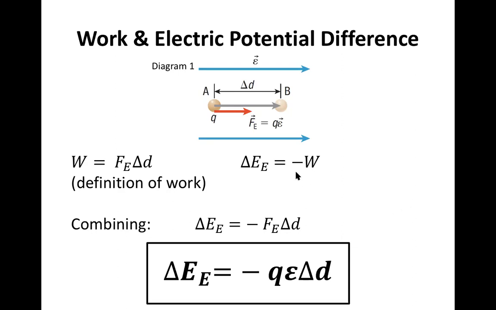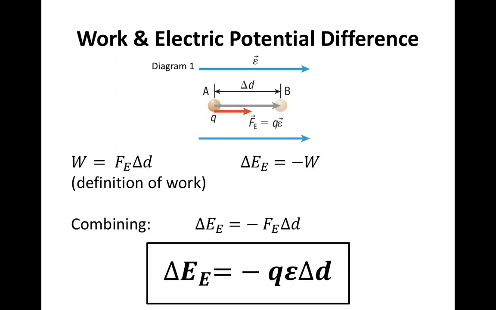So we sub all those in together and we get delta EE equals negative Q epsilon delta D. So we get the change in electrical potential energy, or work to move a charge from one point to another, is equal to negative the charge size in coulombs times the electric field strength in newtons per coulomb times the displacement.